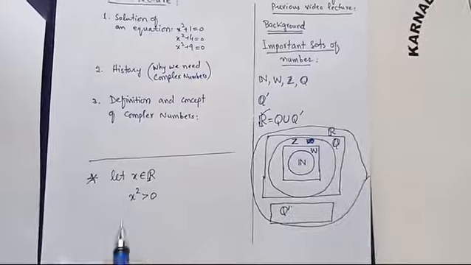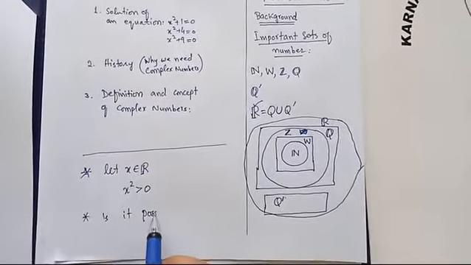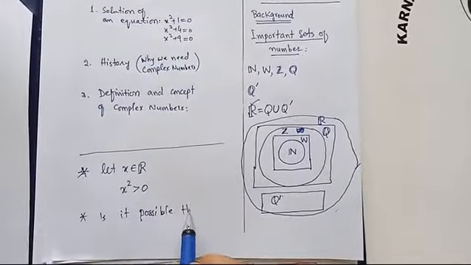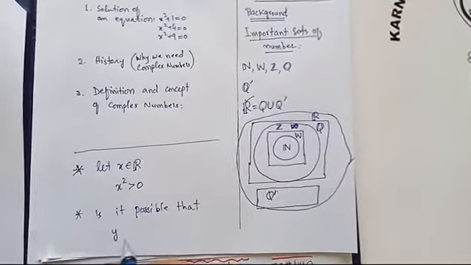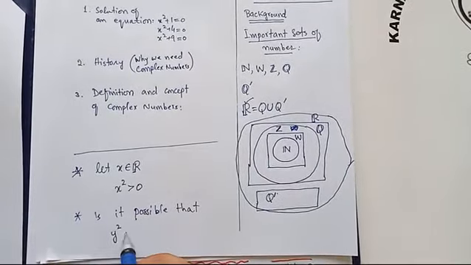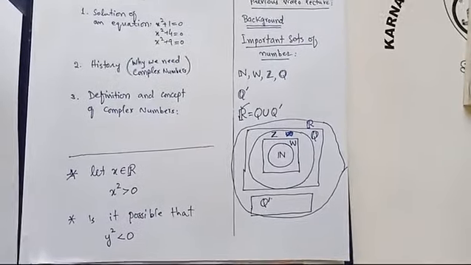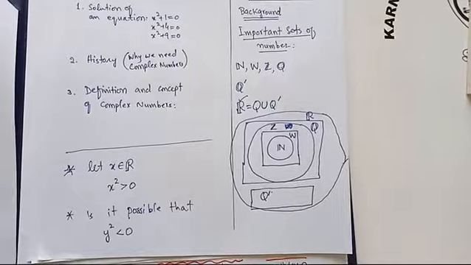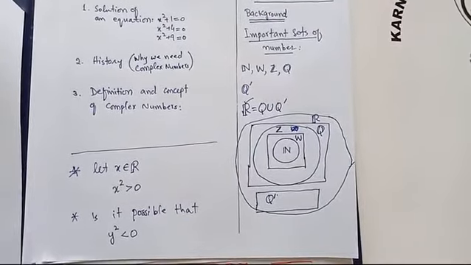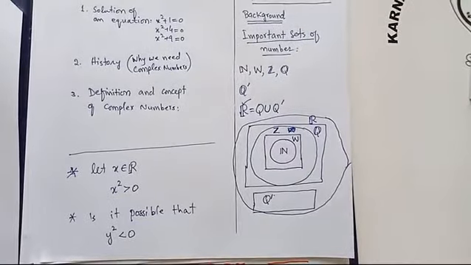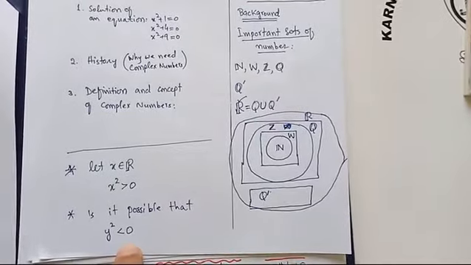Now is it possible that we have a number, let's say y, and the square of y is less than 0? Is it possible that the square of a number becomes negative? Meaning y square is equal to -1 or -10 or -20. So the question arises, is this possible?